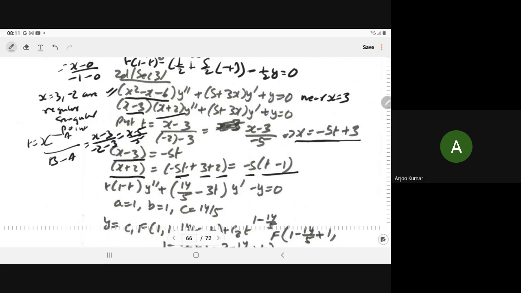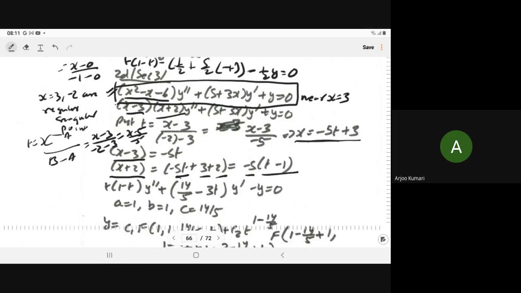So when we substitute in the given equation, x squared minus x minus 6 y double dash plus 5 plus 3x y dash plus y is equal to 0, in place of x minus 3 we have minus 5t, and in place of x plus 2 we have minus 5 into t minus 1.